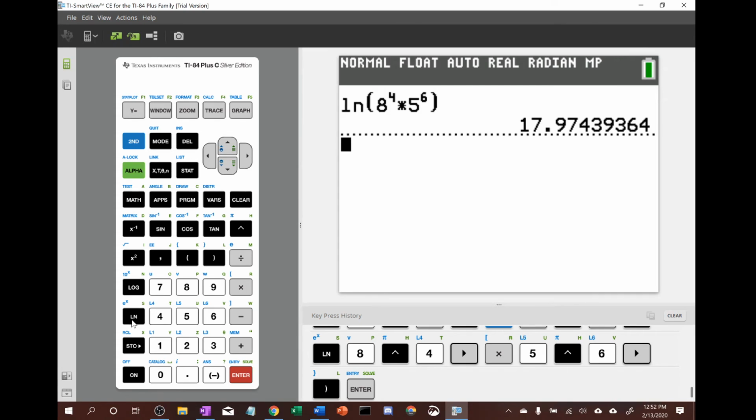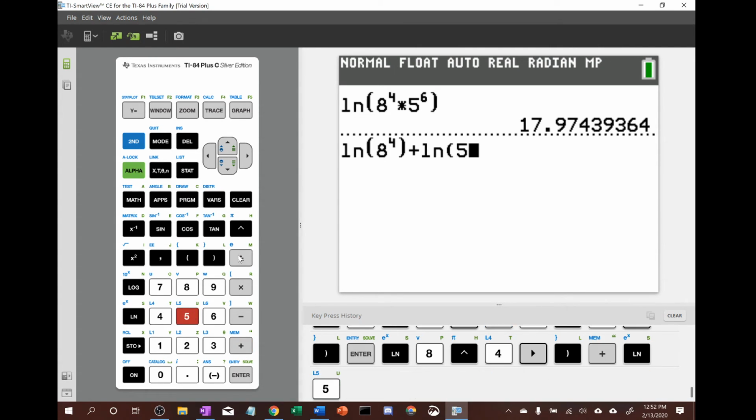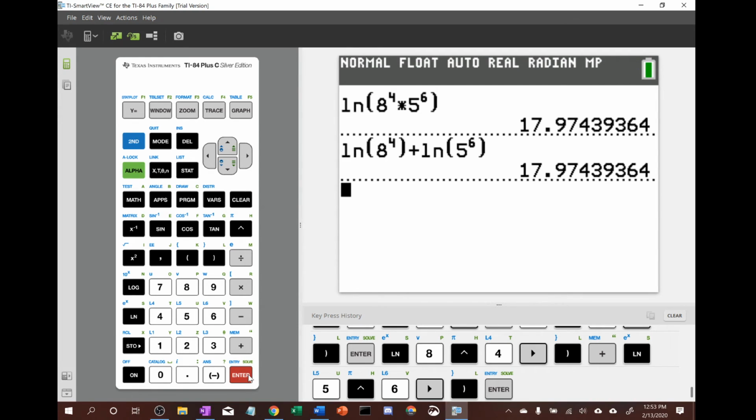Type ln again, and then type 8 to the 4th power, and then put that in parentheses, and then hit plus, and then type ln 5 to the 6th power. Make sure you hit that right arrow key before you close the parentheses. Make sure it looks just like that. And when you're ready, hit enter. Did you get the same thing?